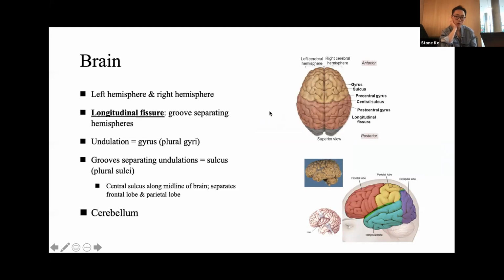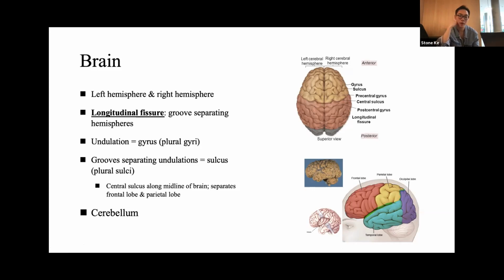Those are the grooves, and the peaks, the bumps, those are the gyri, right? So between each two gyri, you have a single sulcus. Hills and valleys. This is to increase surface area for the brain. More neurons. Your brain obviously has a lot of neurons.